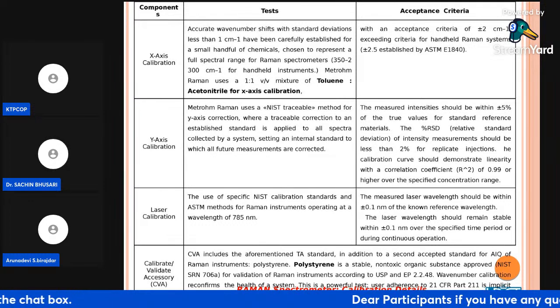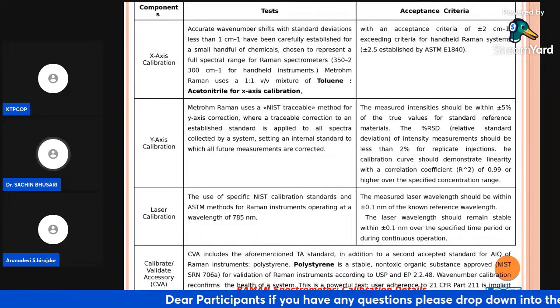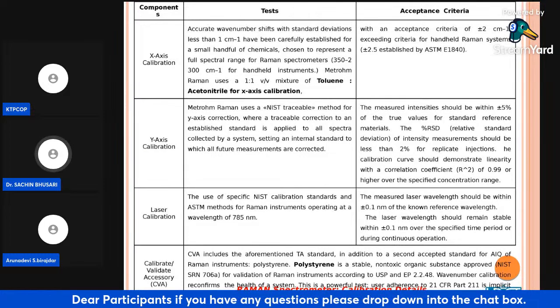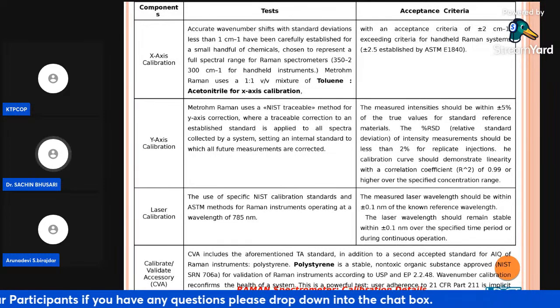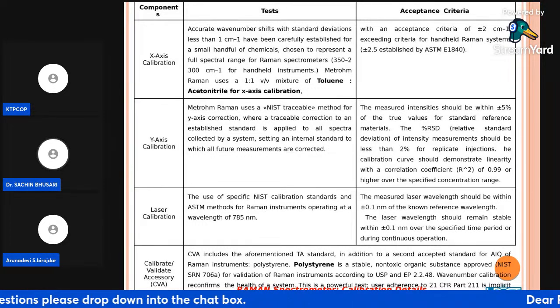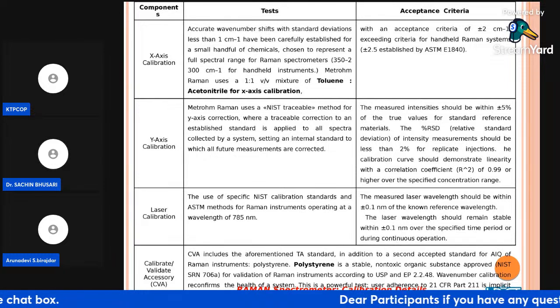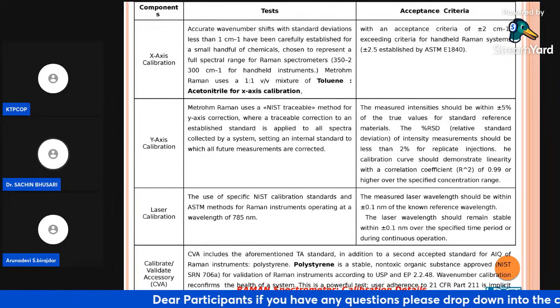CVA is also needed. So classically, if you want to calibrate the x-axis of the Raman spectrometer, toluene acetonitrile is needed, and a test procedure is there, and the acceptance criteria is plus minus 2 per centimeter, plus minus 2.5 as established by ASTM.